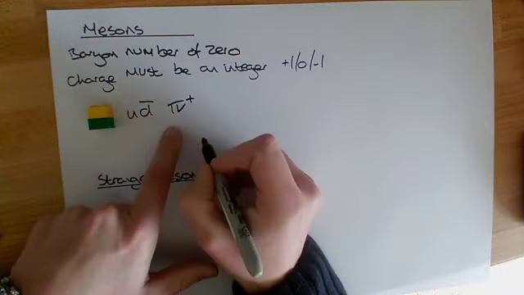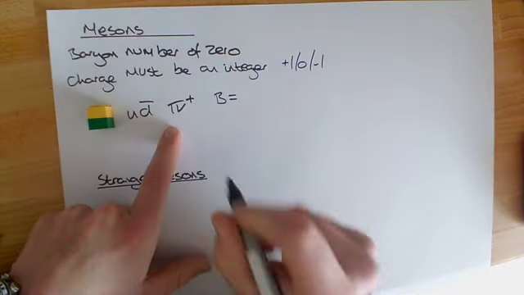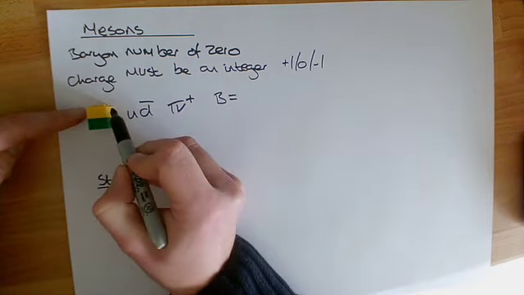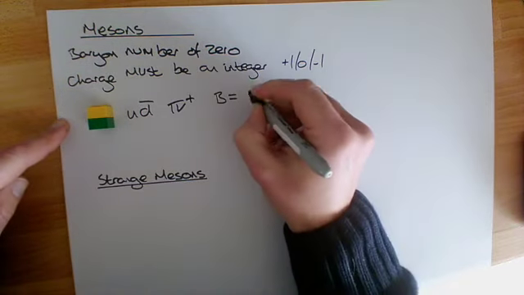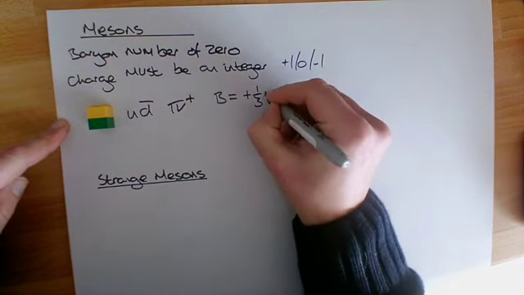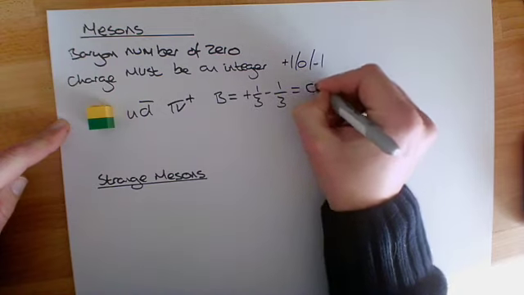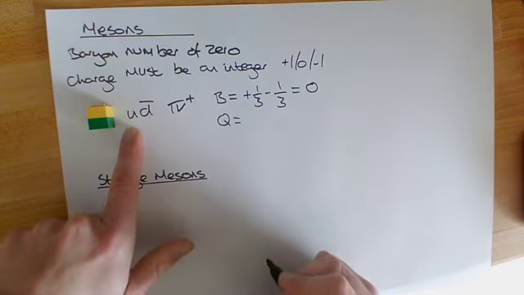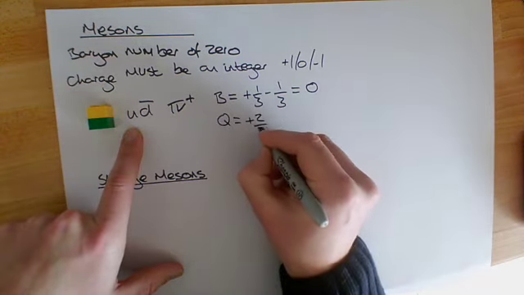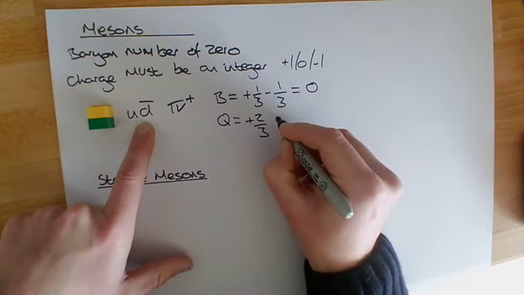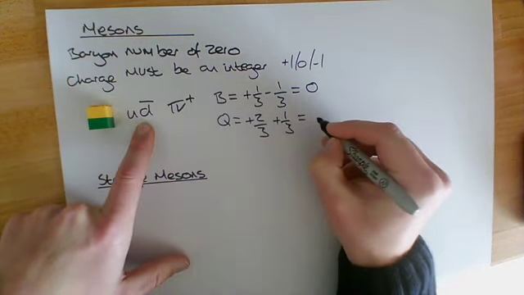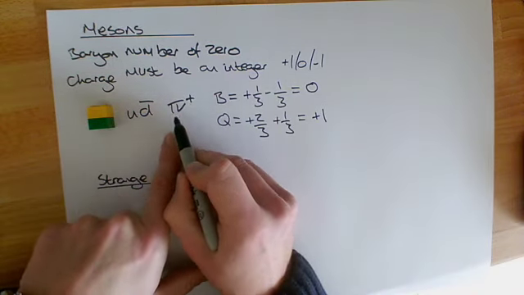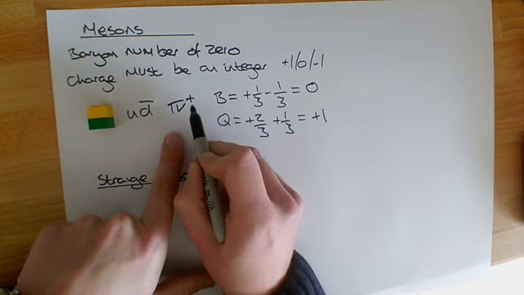Its baryon number has got to be 0, by virtue of the fact that it's got a quark which has a baryon number of +1/3 and an antiquark which has a baryon number of -1/3. So +1/3, -1/3 gives us a baryon number of 0. But when we look at the charges, the charge of the up quark is +2/3 and the charge of the anti-down quark is +1/3. That gives us the overall charge of +1, and that's where the sign comes from on our pion. So that's a pion, and it's a pi plus particle.